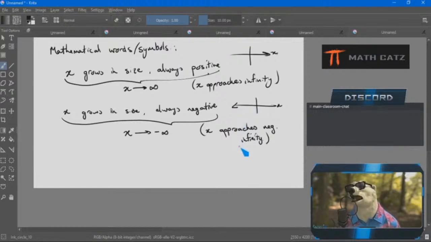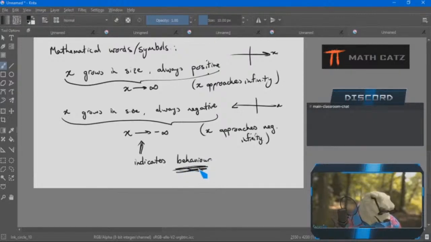So when we say x approaches infinity or negative infinity, it doesn't mean it's a destination it can ever get to. It's more a behavior, a direction. So this arrow here that I'm using, it indicates behavior.